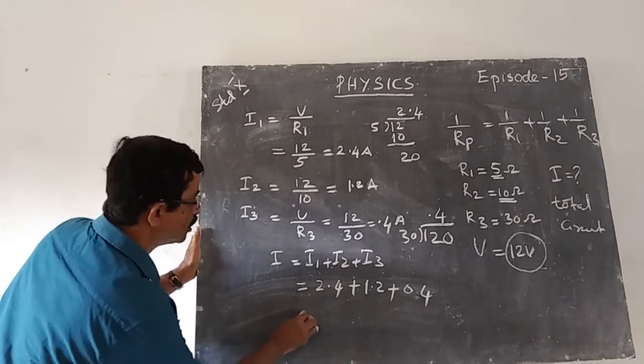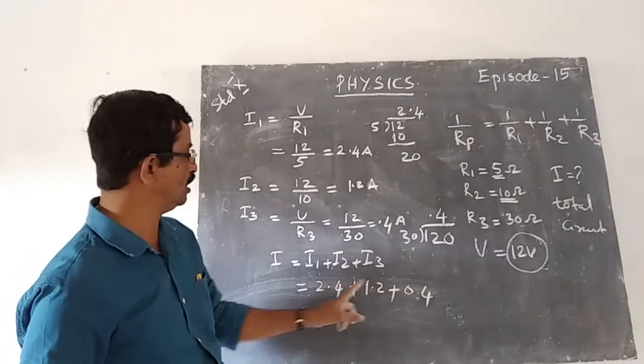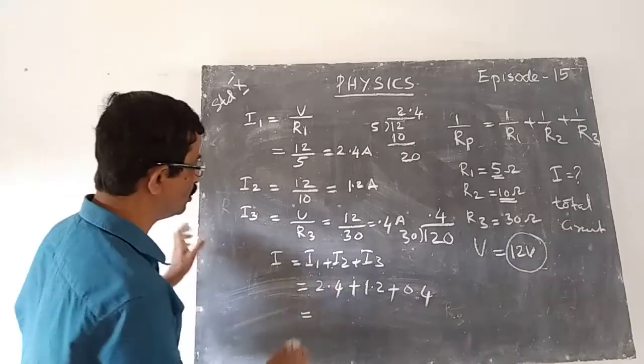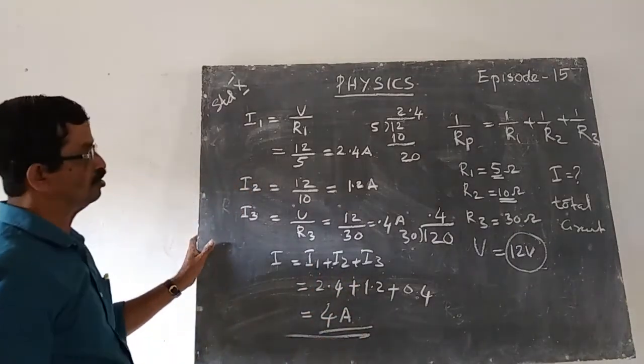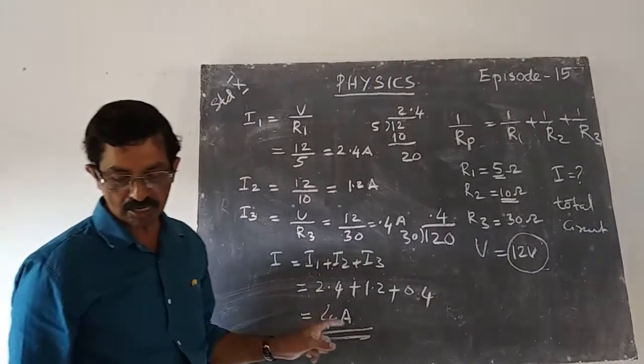We want to find the sum of these. 0.4 plus 0.6 is 1.0, that is 1. Then 2 plus 1 plus 1, that is 4 ampere. So the current now is 4 ampere. This is the total current.